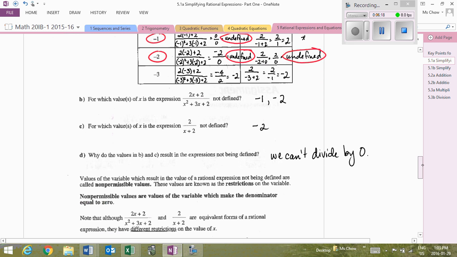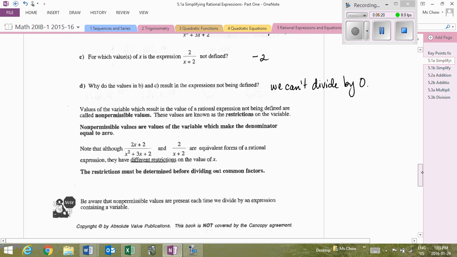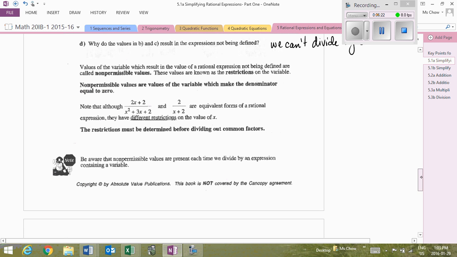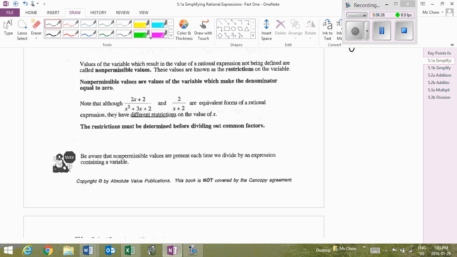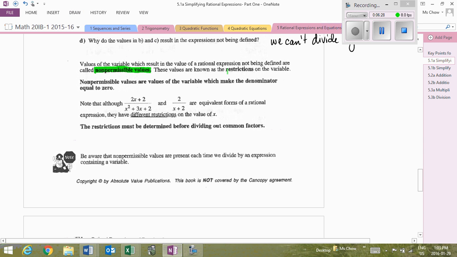So scrolling down, we call these the values of x non-permissible values. We also call them our restrictions too, so non-permissible values or the restrictions, and they are the values of the variable which make the denominator equal to 0.